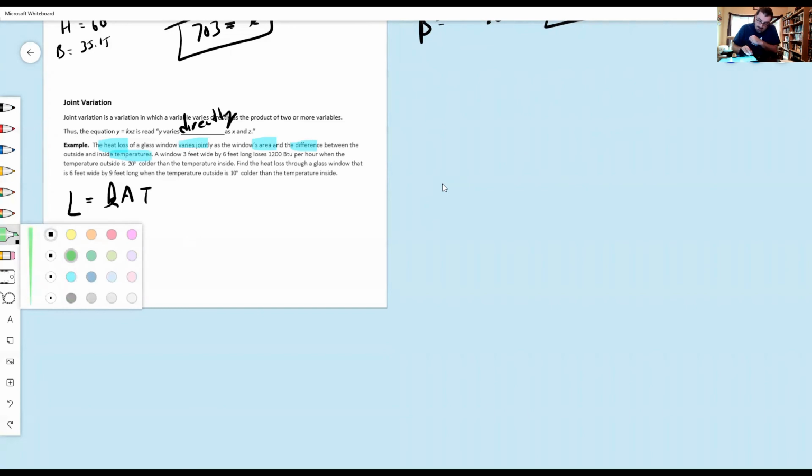So what do we got? We have a window 3 feet by 6 feet long. It loses 1200 BTU per hour. Again, the BTU is the British thermal unit. If it was in the metric system, it would be considered a calorie. And the difference in temperature is 20 degrees, cooler outside versus inside.